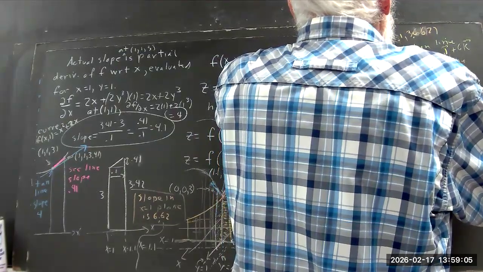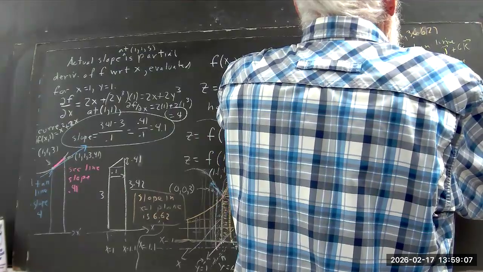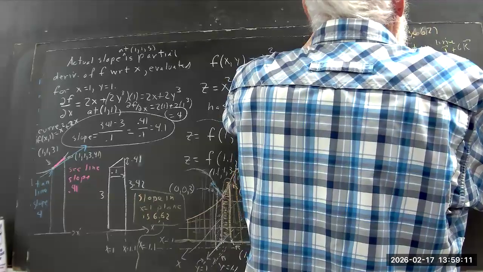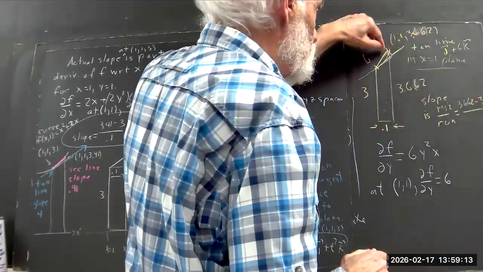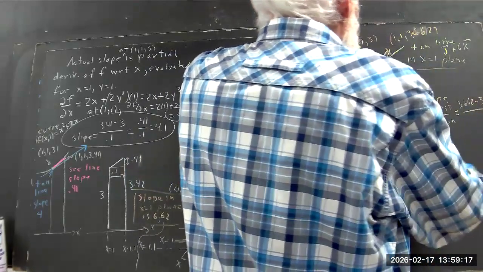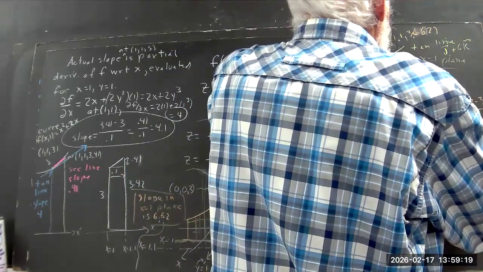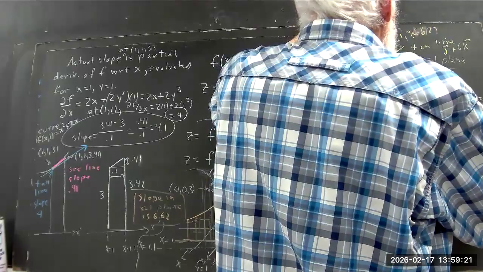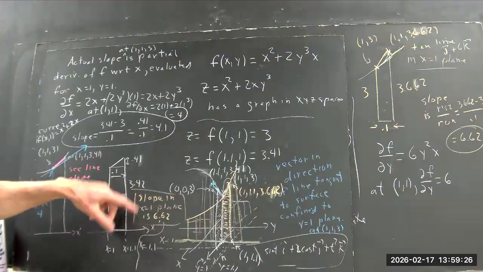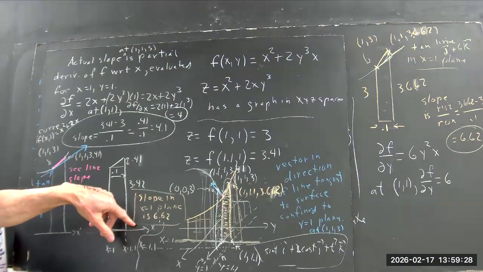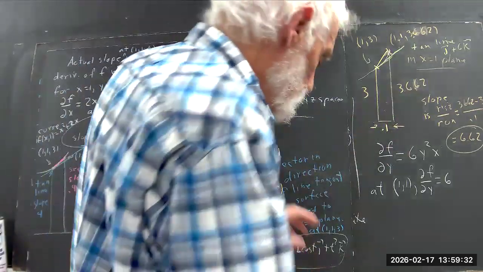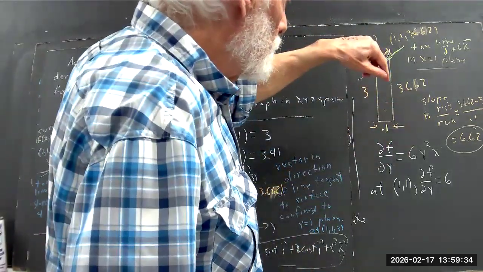The rise over run equals 3.662 minus 3, the rise from here to here, 0.662, over the run, which is 0.1, which is 6.62. And I did write that, but I wrote it over here. Okay. I started right here.